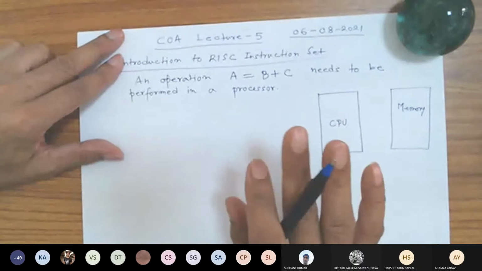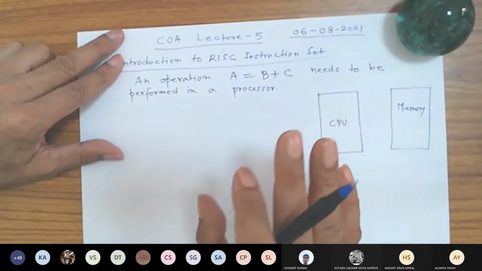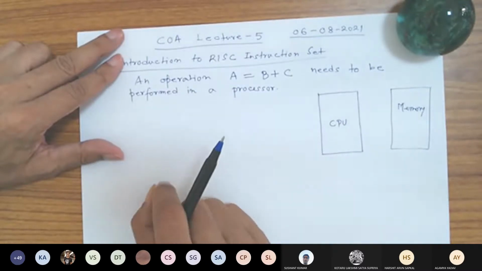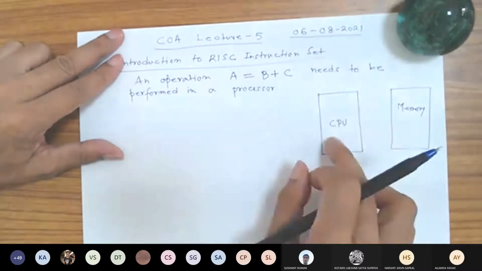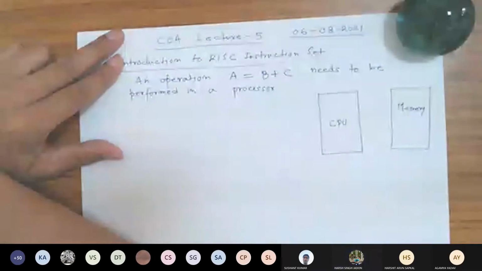Inside the CPU, there is no storage. There are temporary storage, which are used during computation. We cannot store a program inside the CPU. So where do we store these programs? In memory. Right.